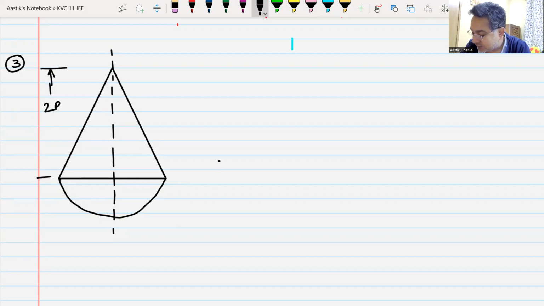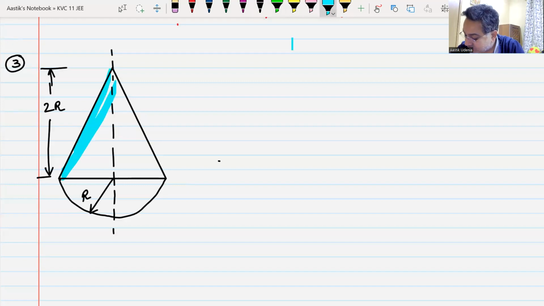The height is given as 2 times r, and this is a semicircle disk, radius is r. Remember, the blue one is a triangular sheet. This is a triangular sheet of height and width, whatever is required is given.